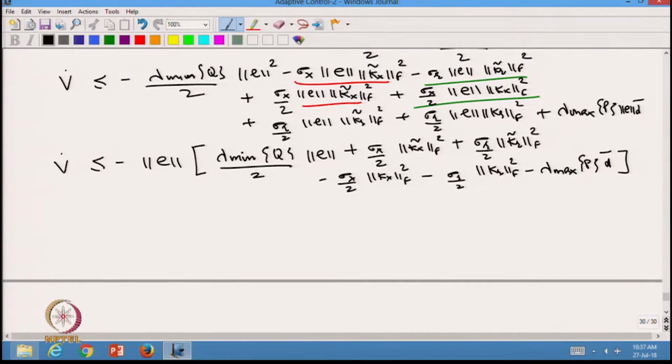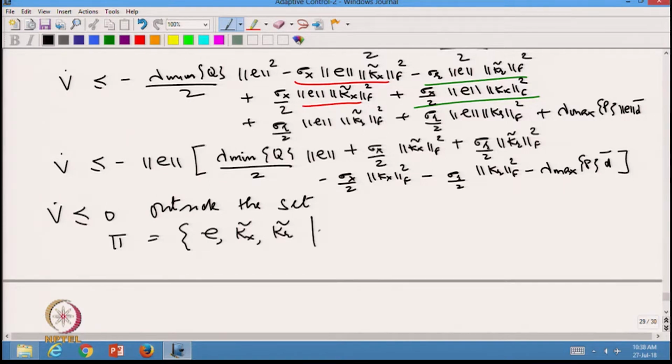So what we can say is that let's try and put this in writing here, that V dot is less than equal to 0 outside the set, let's call that as pi, and we define that set as e, kx tilde, kr tilde such that this term in the brackets is less than equal to 0.